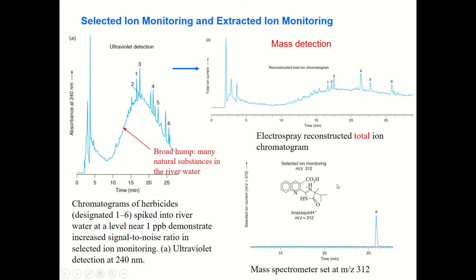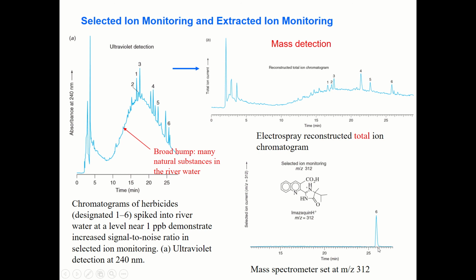How do you detect this one? You operate the mass spectrometer. You set the detector at this mass, and then you operate the LC. In this case you only monitor the mass to charge ratio 312, not all these peaks, because you already set your mass spectrometer at this mass to charge ratio, and then you obtain only one peak here, right?